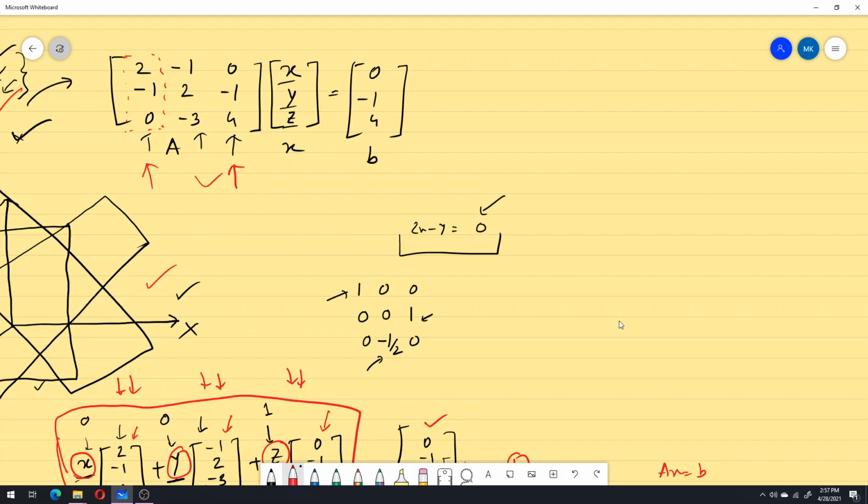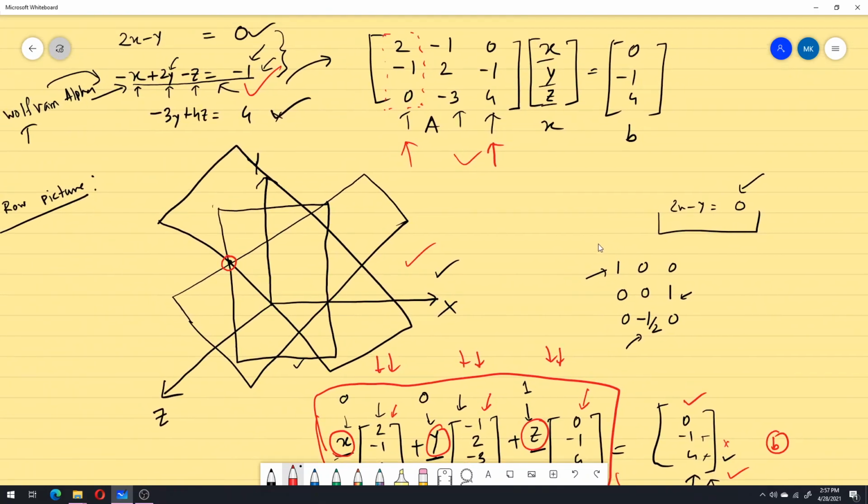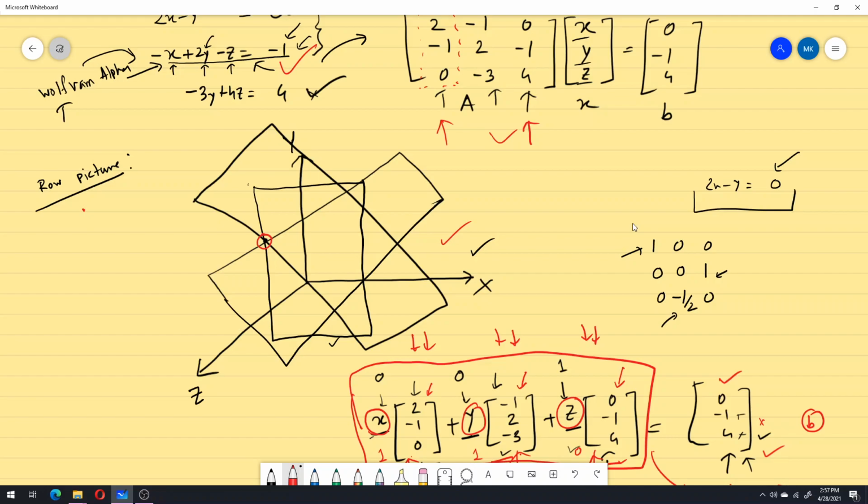Okay. For certain matrices, the answer could be no. When could it go wrong? That means in which cases can I not generate a random B? If all the three vectors actually lie on the same plane. As you saw in the row picture, you got three different planes for three different equations.